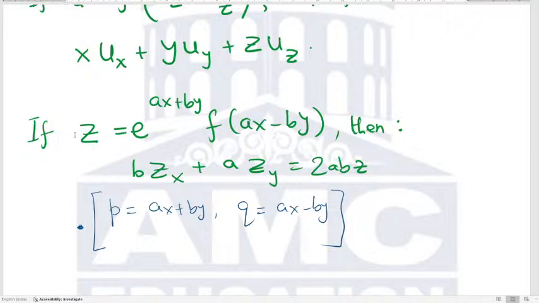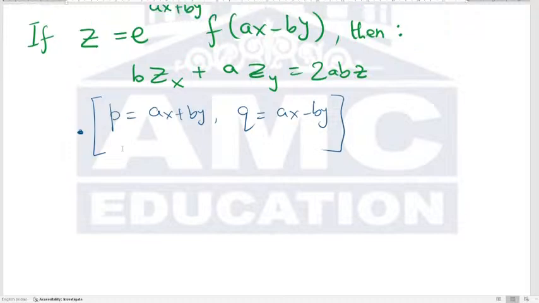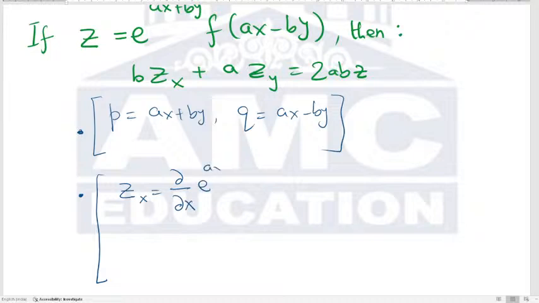The other method of doing the second problem is by directly using the chain rule. In the chain rule, there is a product rule as well. So zx is dou by dou x of e to the power ax plus by f of ax minus by, right?